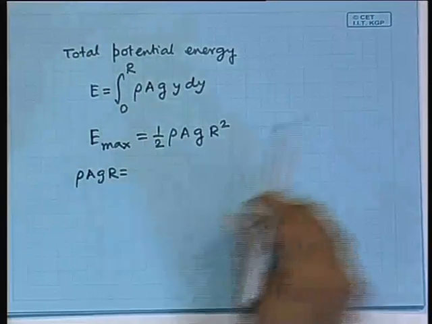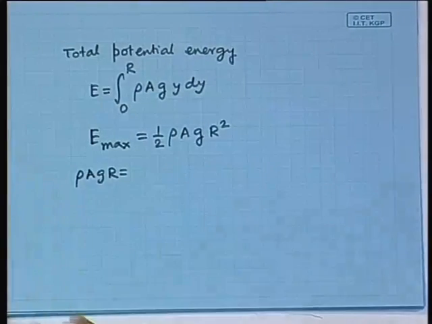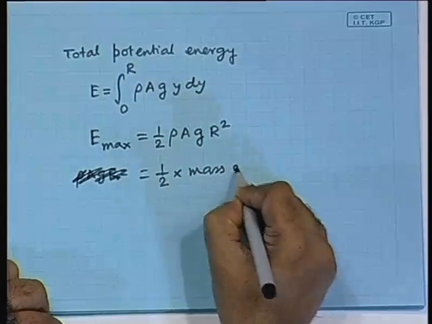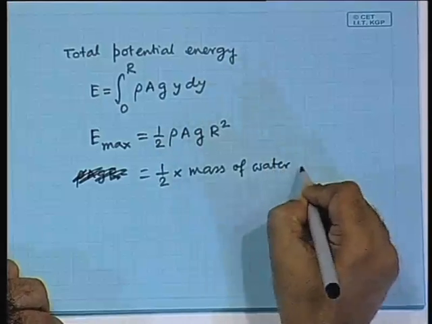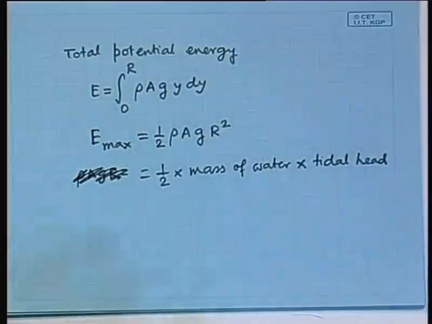Normally people think that you have the total mass and this is the total height, so the amount of energy should be rho A g R squared, but it is actually half that. That is what I wanted to prove. So, half the mass times the tidal head. Okay. So, I will write it, half, right.